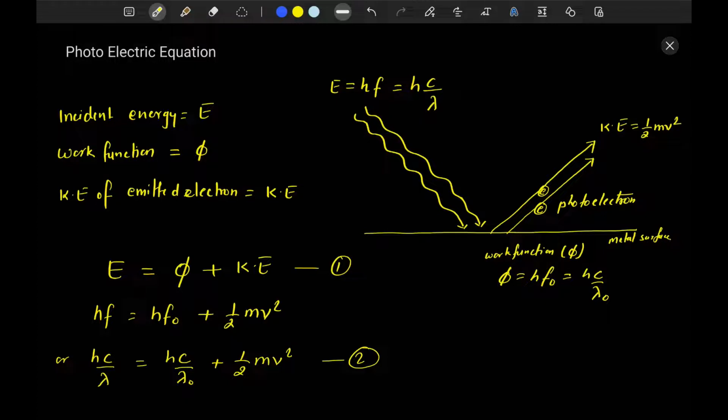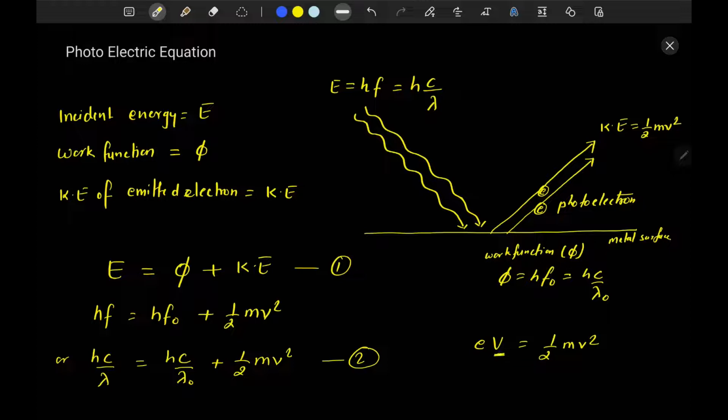Now if some opposite potential is applied to the photoelectrons to stop their motion, then the potential that can stop the motion of photoelectrons is given by eVs is equal to half mv square, where V is the opposing potential that will be required to stop the motion of the photoelectrons.